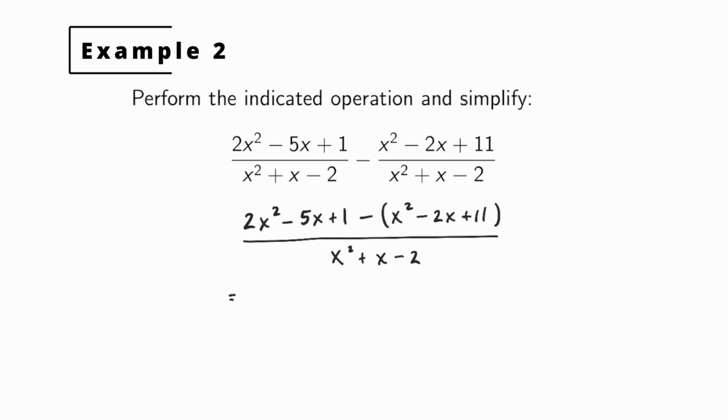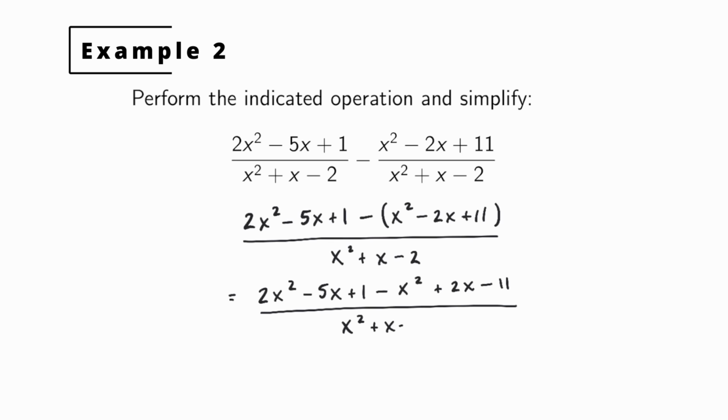So x squared plus x minus 2. All right. Now, what we'll get is 2x squared minus 5x plus 1 minus, distribute the negative sign, minus x squared minus negative 2x gives us plus 2x, and then minus 11. And now we simplify this.